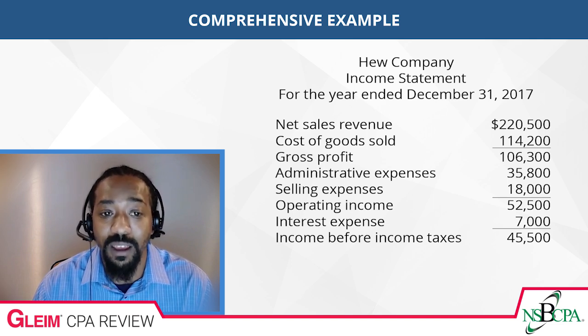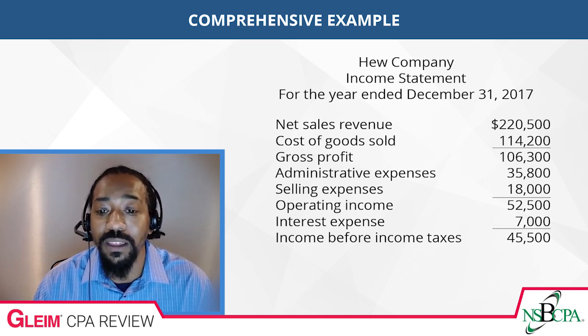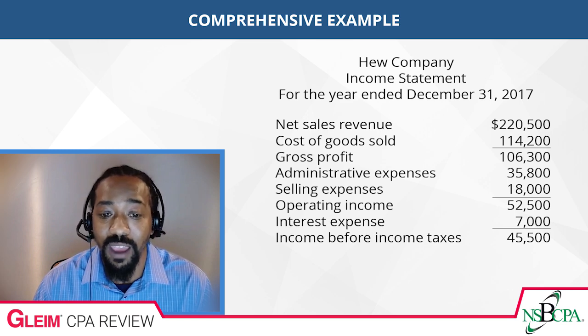After operating income, any other gains or losses or investments, revenues, or expenses are reported. The only item we have here in this example is interest expense of $7,000. Operating income less interest expense is the company's income before income taxes, $45,500.